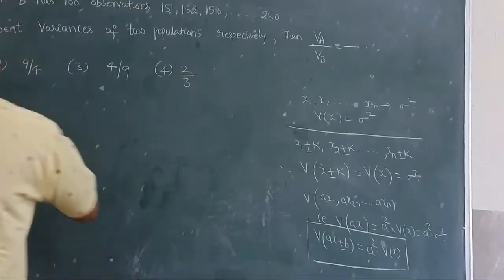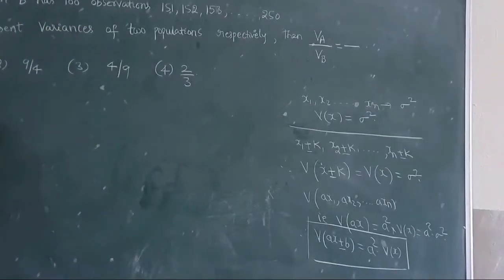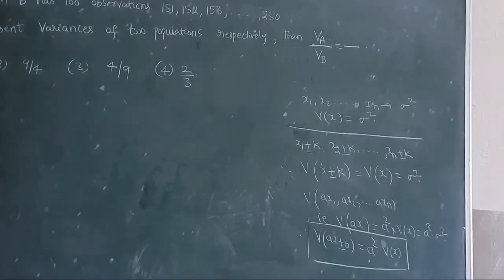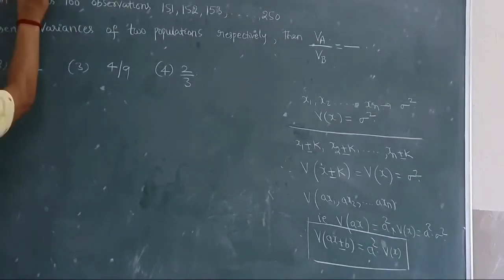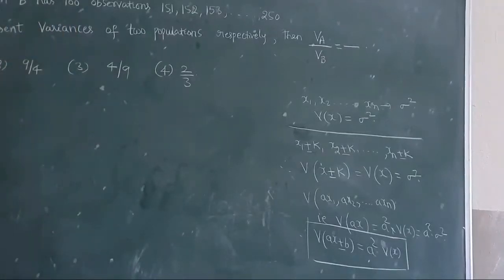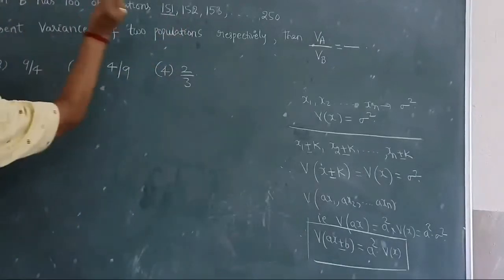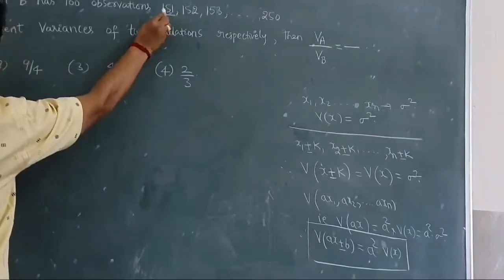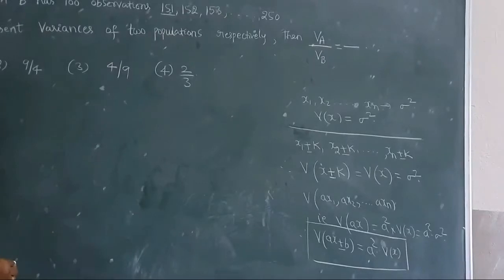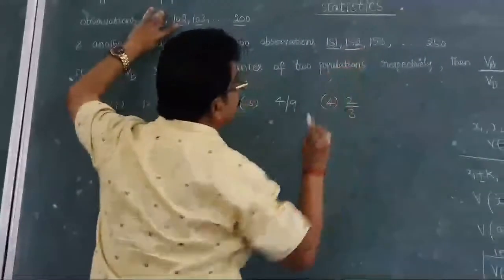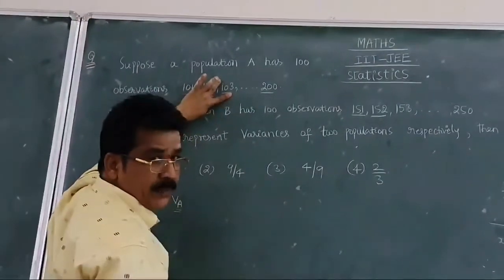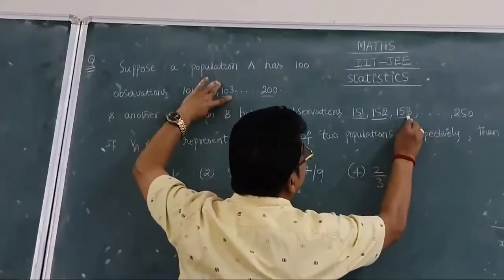Right, you come here. Variance VA means variance of the first group A, that is 101, 102, 103 and so on to 200. Observe, the first value 151 means he added 50 to the first observation. I mean 101 plus 50, how much? 151. Next 102 plus 50, how much? 152. Next 103 plus 50, how much? 153.